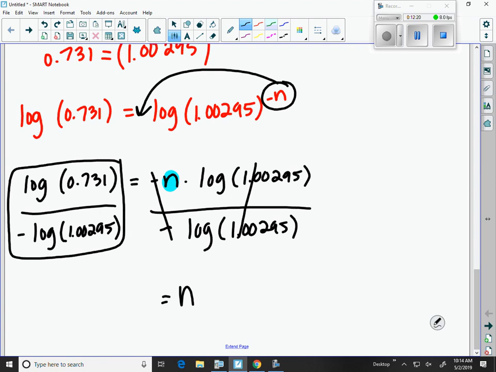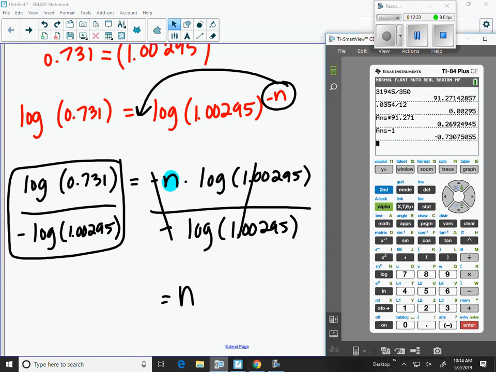So that whole box is going to go in my calculator. Yep, that's correct.